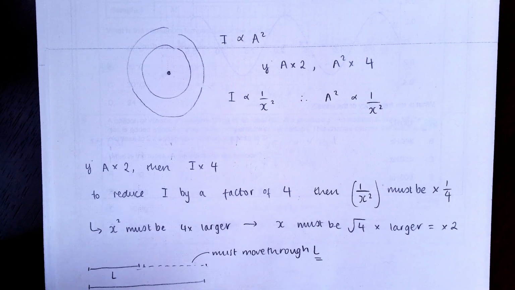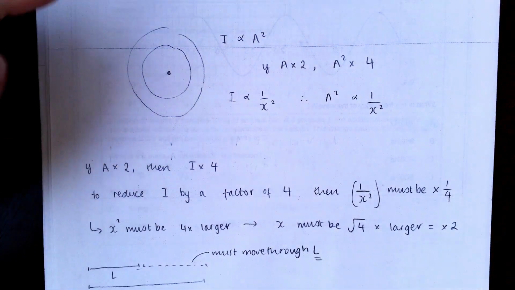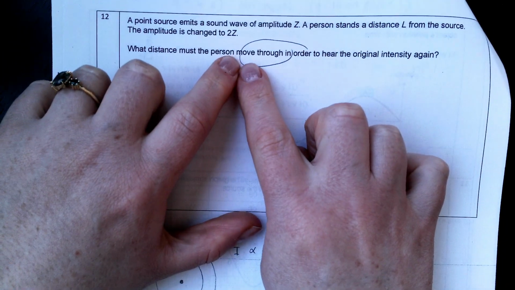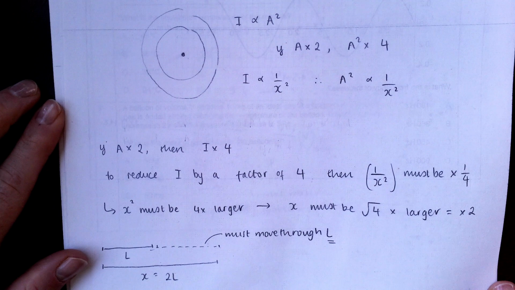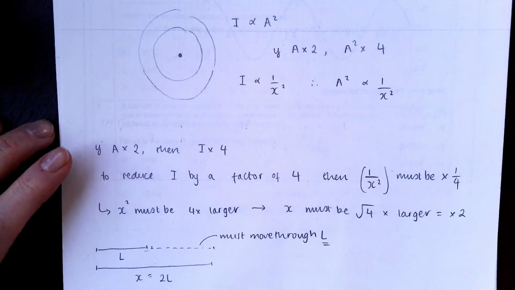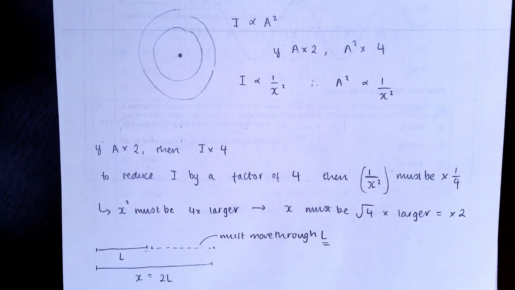Now, A doubled, so the intensity increased by a factor of 4. That's what happened to begin with. But then the question says, what do I have to move through to go back to hearing the original I value? So if the intensity increased by a factor of 4, then I need to move to a distance that is going to reduce the intensity by a factor of 4.